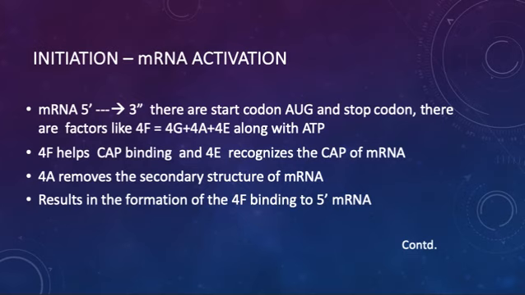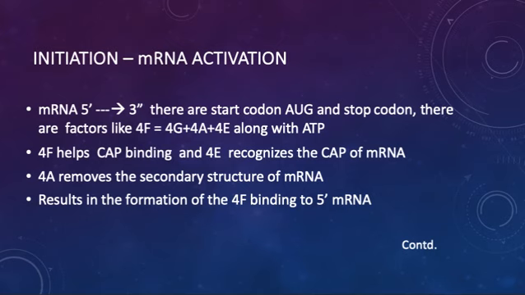This 4F helps in cap binding, and 4E recognizes the cap of the mRNA. Now 4A removes the secondary structure of the mRNA, resulting in 4F binding to the 5' end of the mRNA. This is what we call mRNA activation.